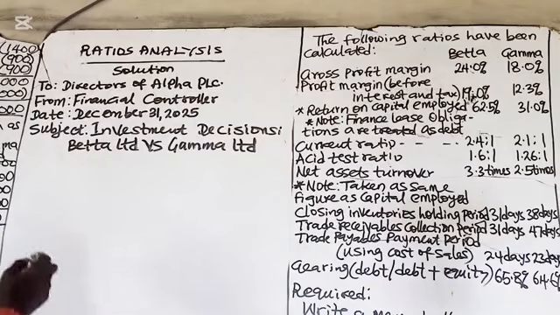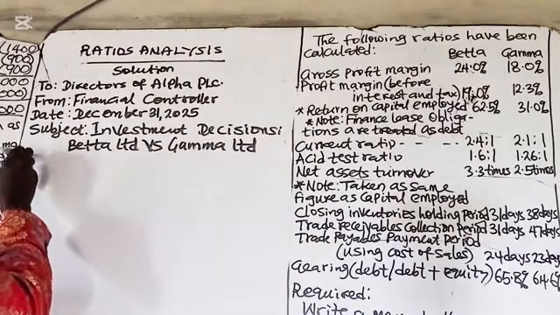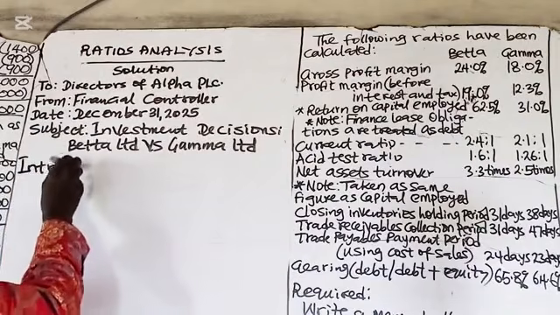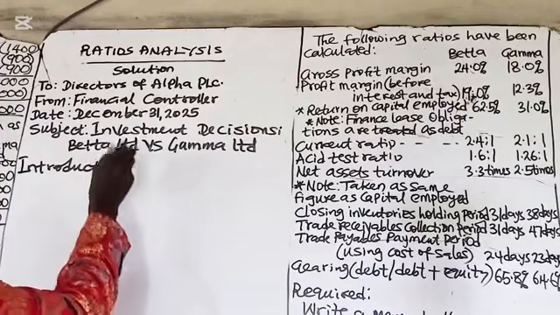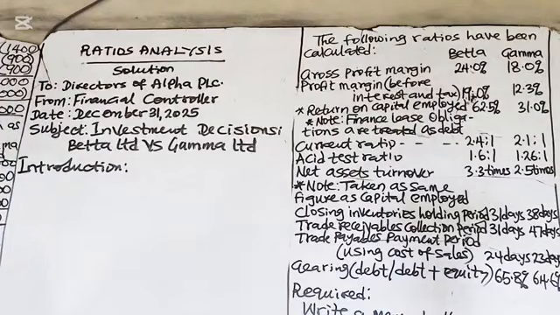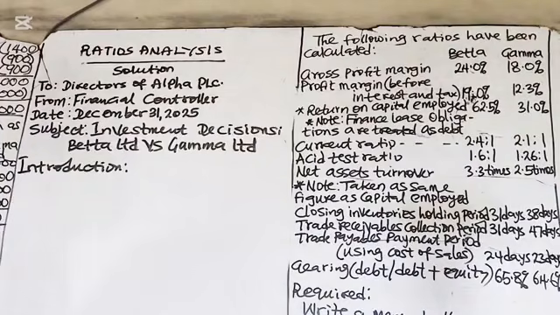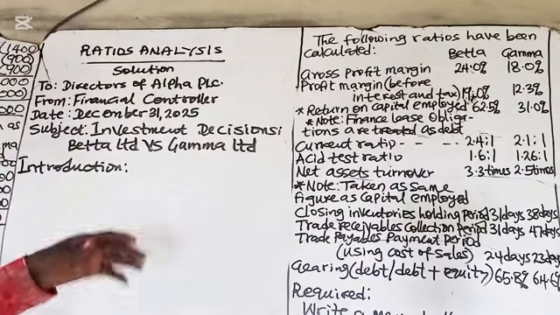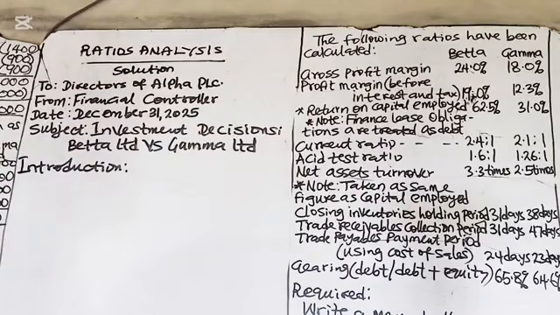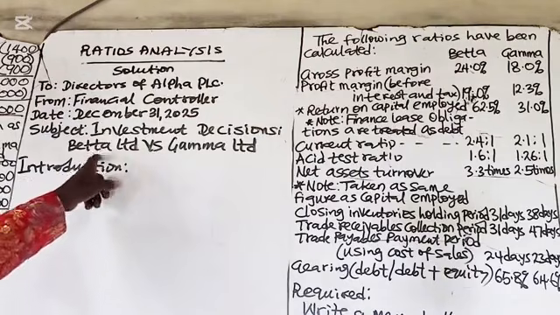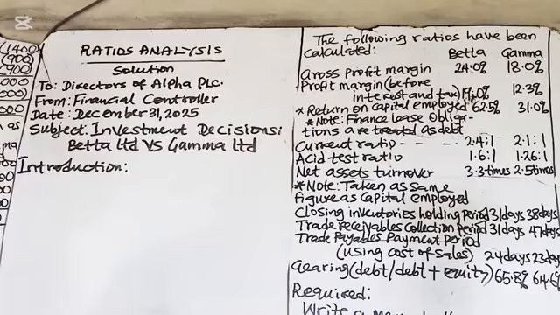So your memo, you will start with the introduction. What do you want to do? I've told you your introduction should always start with a brief history about the company. But there are no more details in the history, apart from the fact that you were told that the two companies, Beta Limited and Gamma Limited, are in the same industry as Alpha.